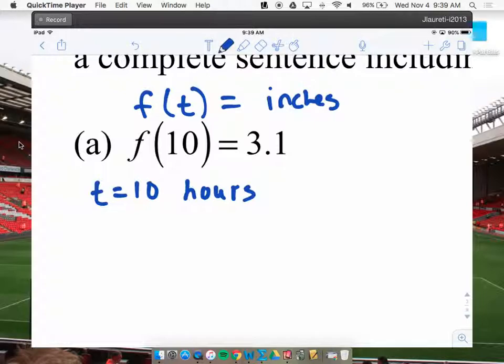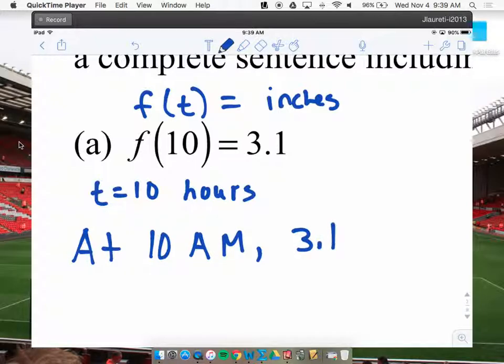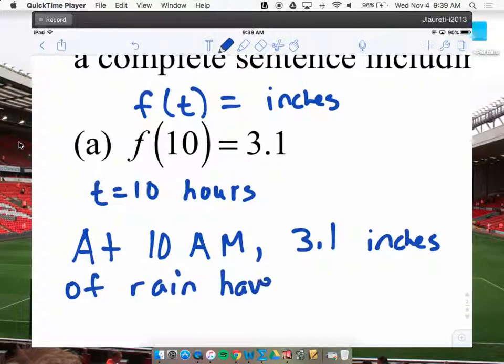Midnight, right? So 10 hours after midnight would be 10 a.m. So 3.1 inches of rain has fallen.